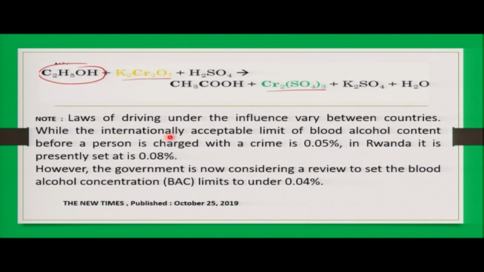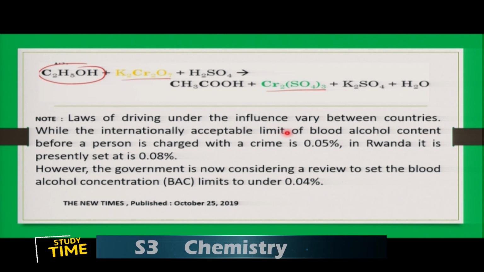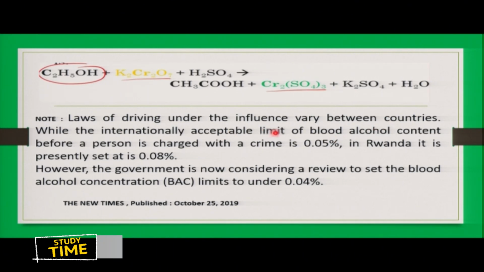It is very important to note that laws of driving under the influence of alcohol vary between countries. The internationally accepted limit of blood alcohol content before a person is charged with a crime is about 0.05%.